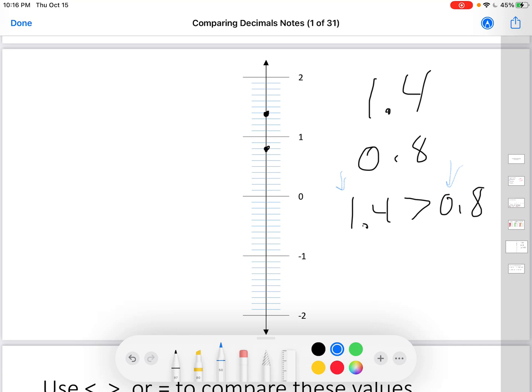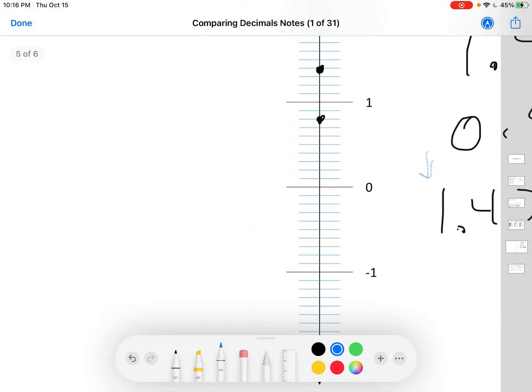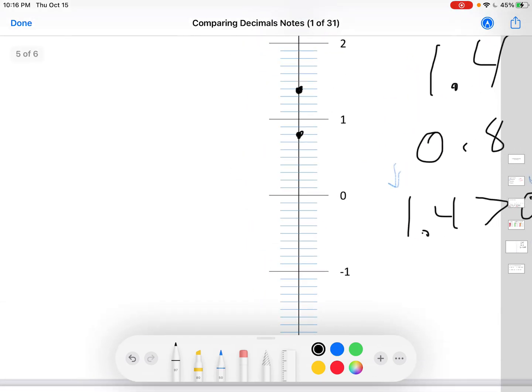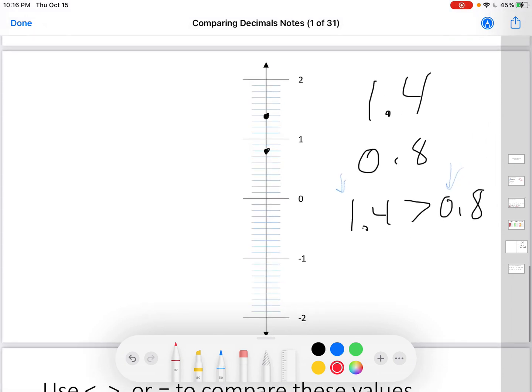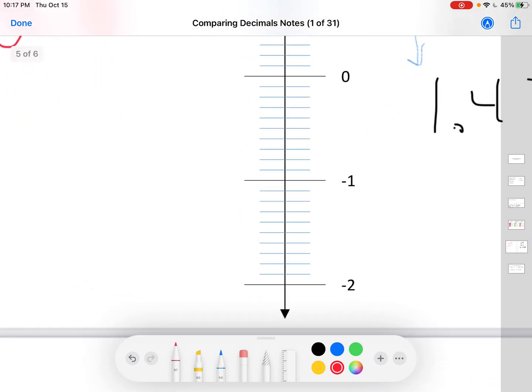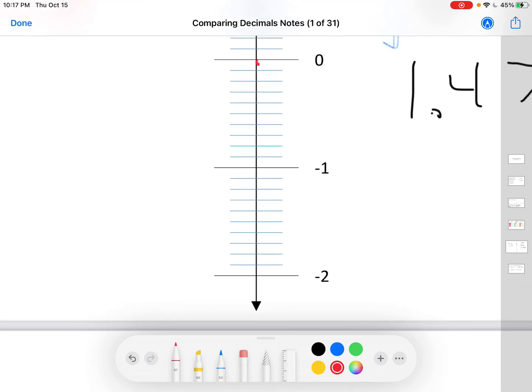All right, let's look at the bottom part here. Let's change it, and now I'm going to change it to negative 1.4 and negative 0.8. Okay, let's graph that. First of all, it's negative, so I have to go down. Here is 0, here's negative 1, and negative 1.4 will be right there.